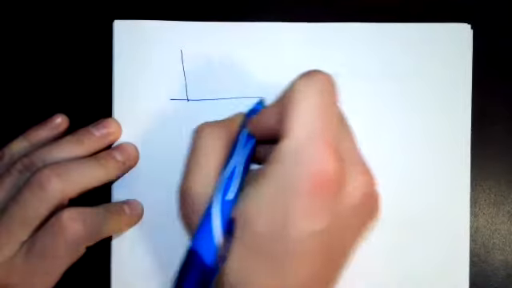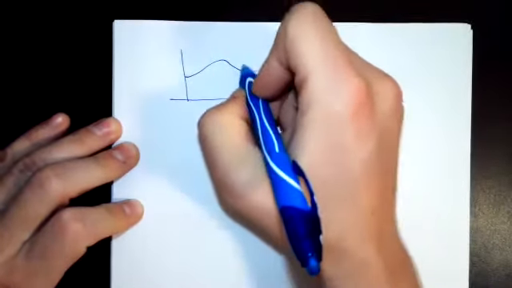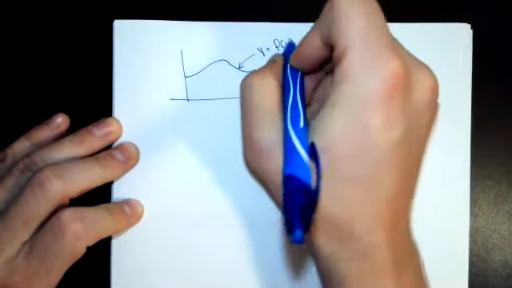We do have more complicated things going on in Calc 2, because now we have some 2D shape, where the curve is given by y is equal to f of x.